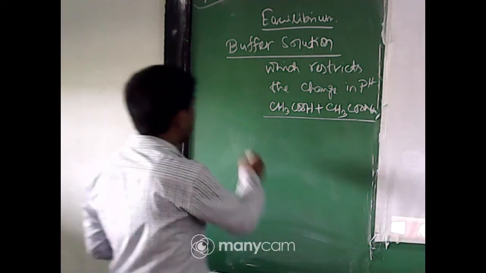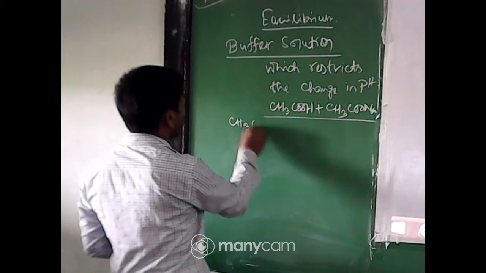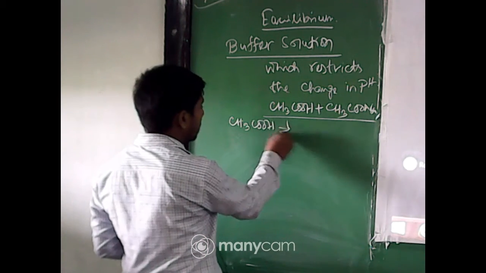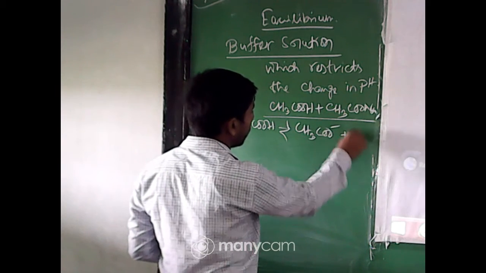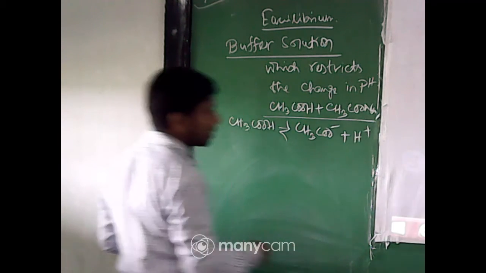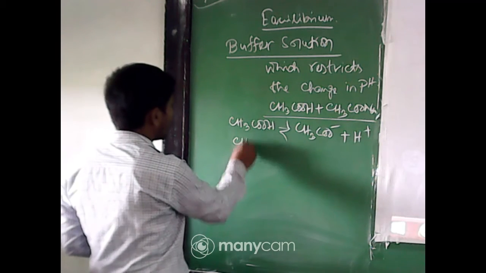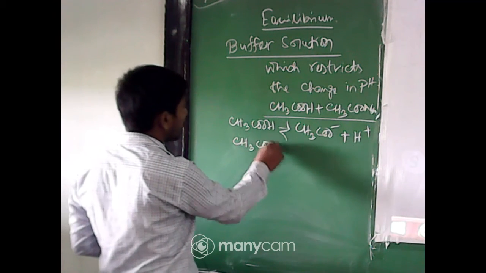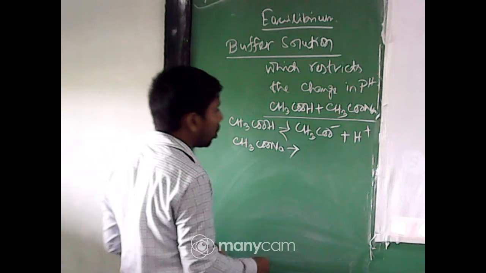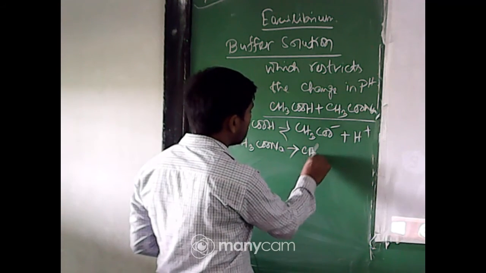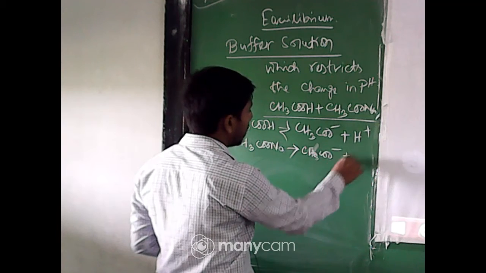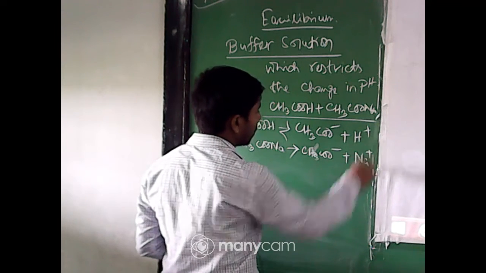First of all, acetic acid is a weak acid, forming CH3COO- plus H+. The salt is fully dissociated, because salt is a strong electrolyte, so it will produce CH3COO- plus Na+.